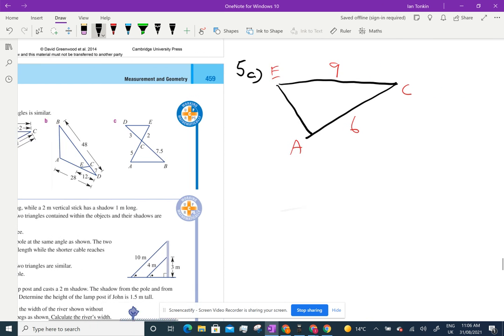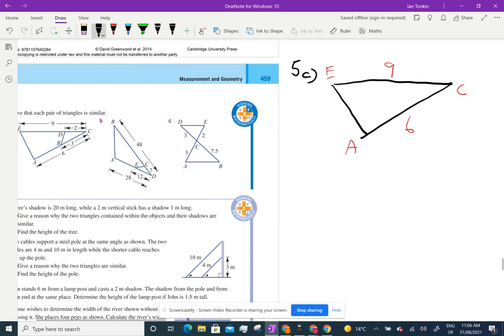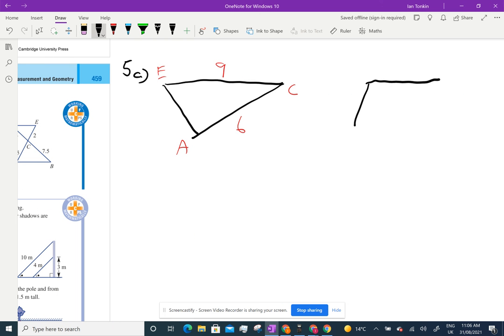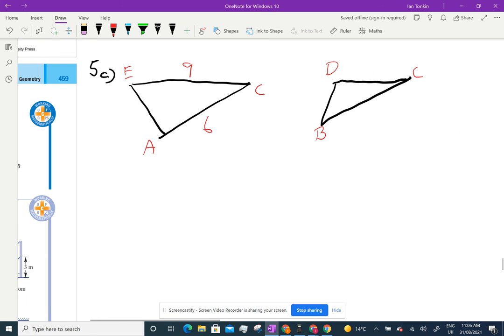C, D, B. And that's 3, and that's 2. And straight away, that angle and that angle are the same.